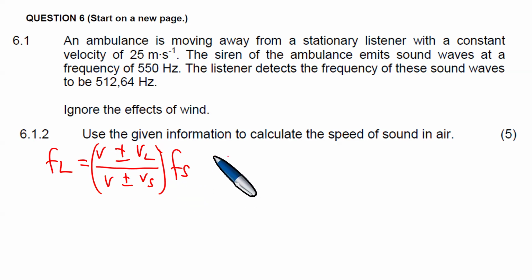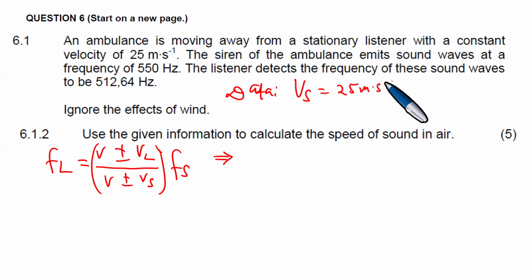At this point, this means that an ambulance is moving away from a stationary listener with a constant velocity of 25. So now there is data that we can write down here. The velocity of the source, the ambulance, is 25 meters per second.